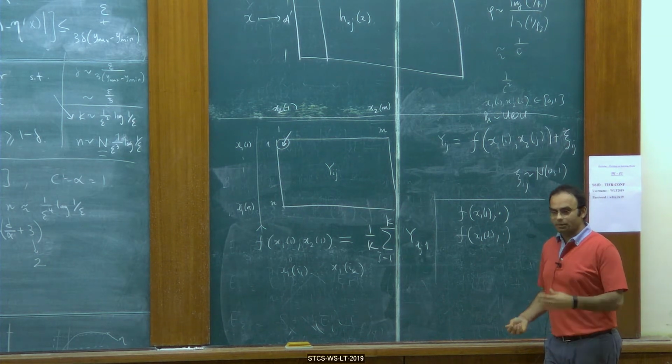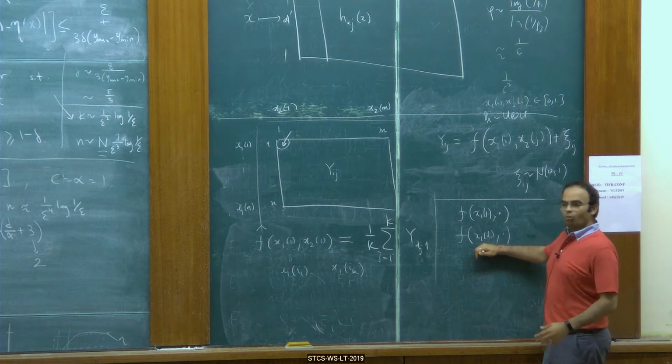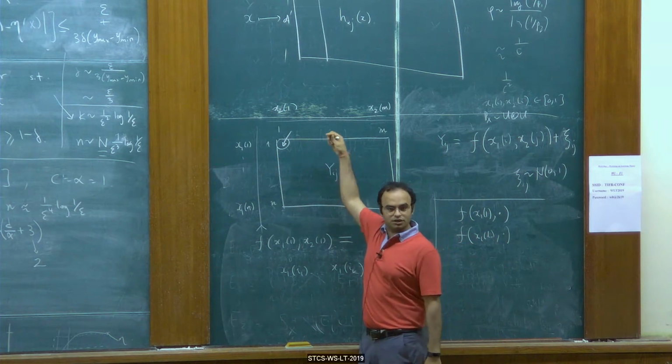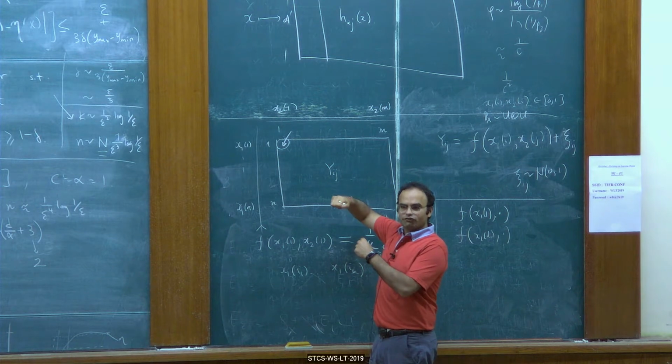For some other prediction problem, it will be a very different metric, and hence these two rows may not be the same. For example, if I had another matrix with the same features, but the function is g, and g has nothing to do with f, maybe the two rows will be different from each other.